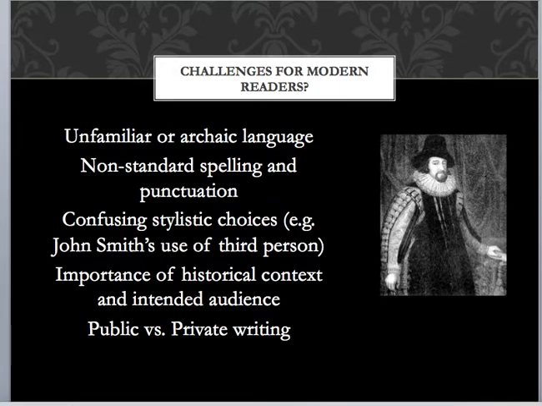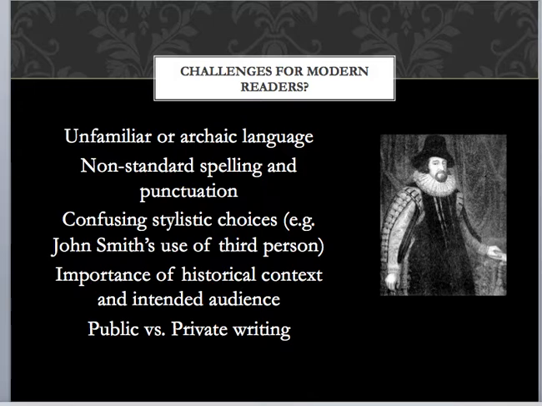American literature does have some challenges for modern readers, and this is something that you're going to experience fairly early on in some of the writers that we tackle, such as John Smith and Roger Williams, Mary Rowlandson.